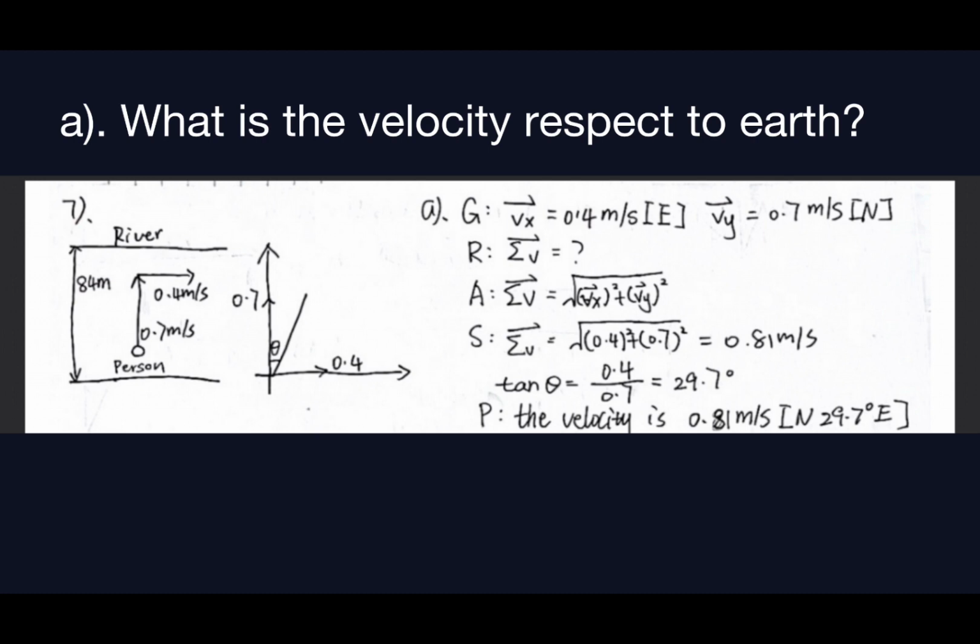So the final answer is the velocity is 0.81 meters per second pointing north, at an angle of 29.7 degrees to the east.